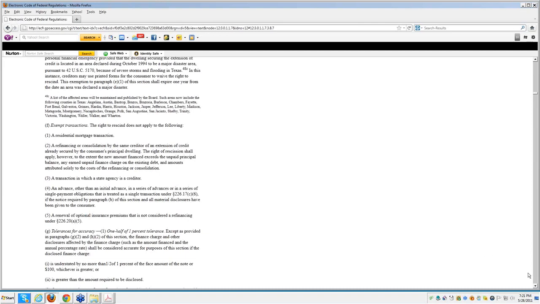The right of rescission shall apply, however, to the extent the new amount financed exceeds the unpaid principal balance, any earned unpaid finance charges on the existing debt, and amounts attributed solely to the costs of the refinancing or consolidation. Now, how come it says a residential mortgage is exempt? Why are residential mortgage transactions exempt from TILA?